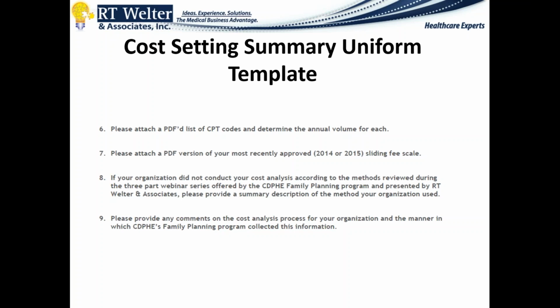Supporting documentation for your most recently approved sliding fee scale. And then if your organization did not use the methods reviewed in our training series, you'll need to describe the method your organization used. And then any comments or additional information that would be needed to validate your cost analysis process for 2018.